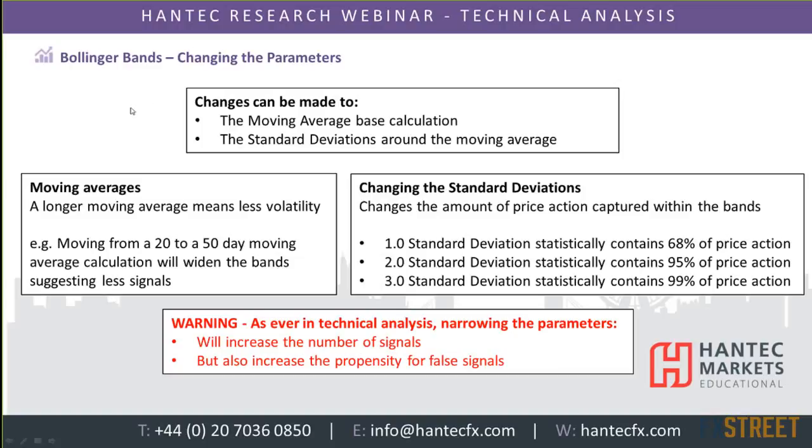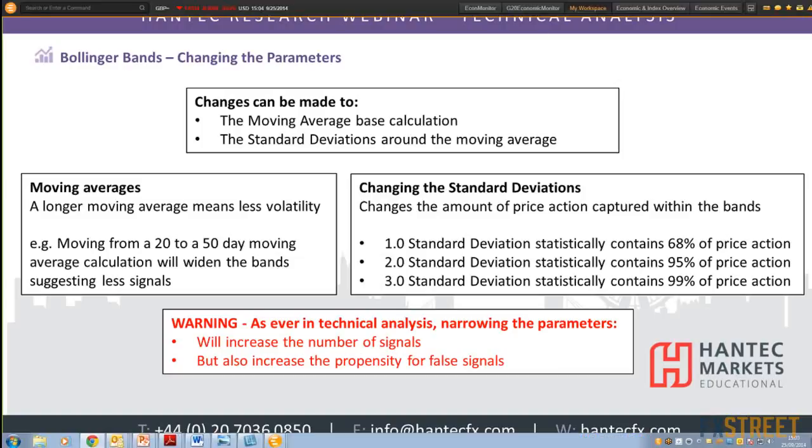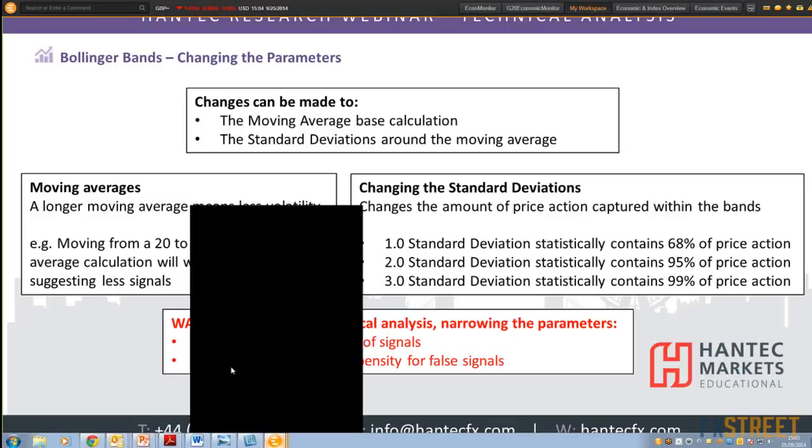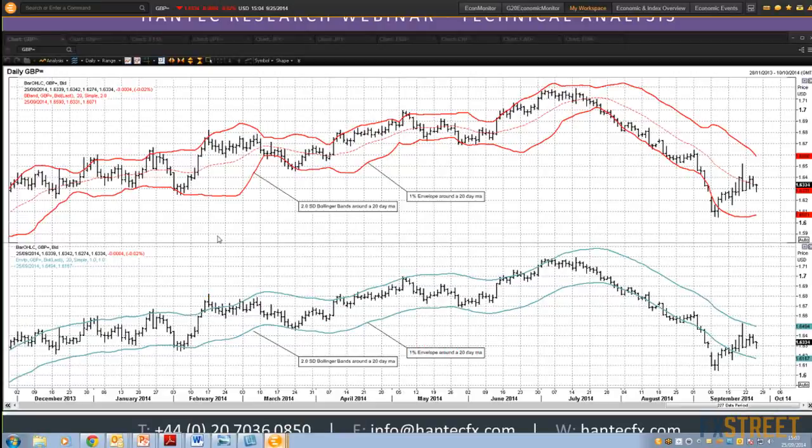Basically Bollinger Bands are an envelope around a 20-period moving average. What I'll do is quickly show you this Bollinger Band. Okay, here we go. Now, I've already had a question, why 20 only?